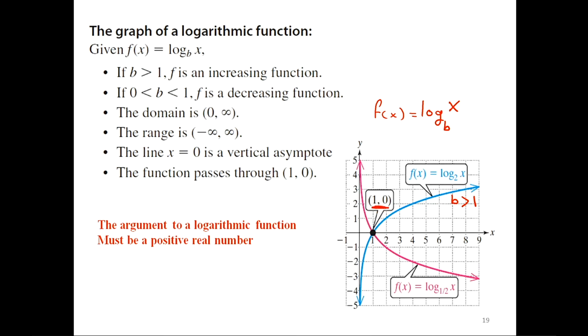If we have b between 0 and 1, for example, 1 over 2, 3 over 5, 2 over 7, so any value of the base between 0 and 1, the logarithm is decreasing, okay, and passing through 1, 0.